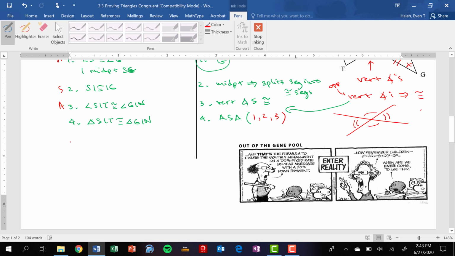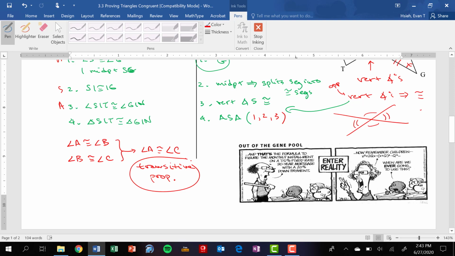If angle A is congruent to angle B, and angle B is congruent to angle C, if that's true, then angle A must be congruent to angle C. That is by what's called transitive property. Hopefully that's something that will pop up when we're doing proofs, and that you can use as a reason here.